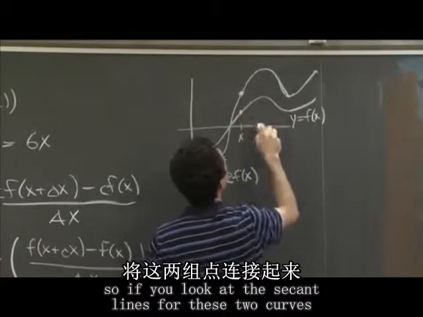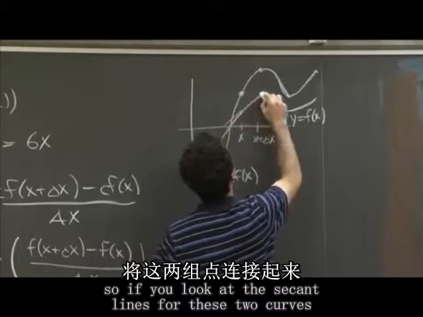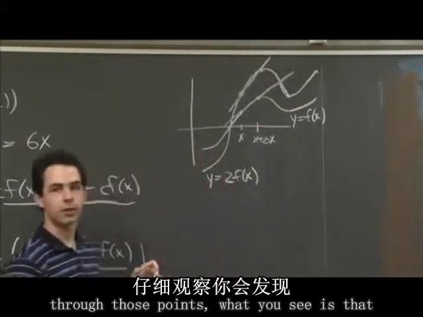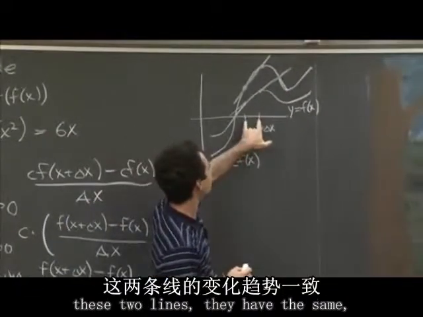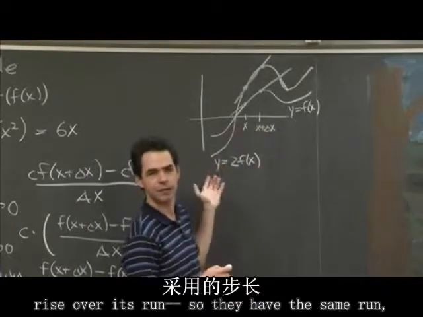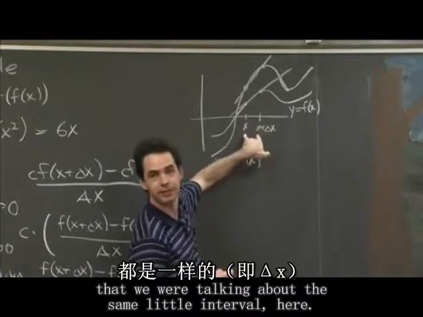If you look at the secant lines for these two curves through those points, the slope of a line is its rise over its run. They have the same run, since we're talking about the same little interval here.